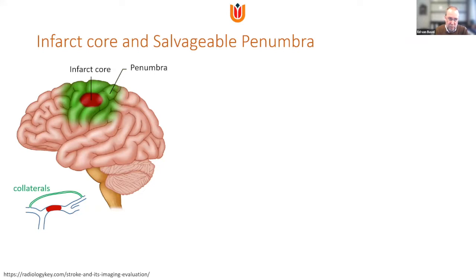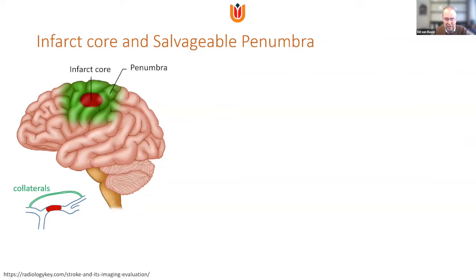First of all, we believe that the penumbra exists in the first place by the presence of so-called collaterals. So these are cross connections between different branches of the cerebral circulation, making sure that, in this case, if there's a thrombus here, there's still perfusion going on to the distal circulation from other branches. So the presence of collaterals in the first place is very important.